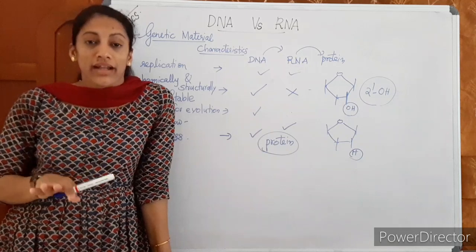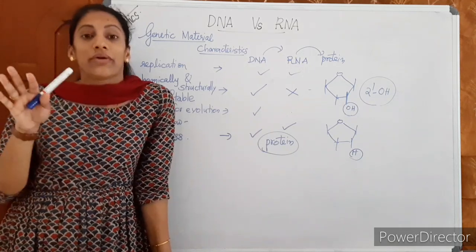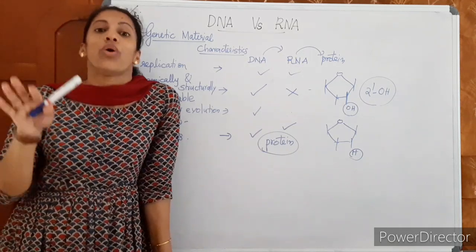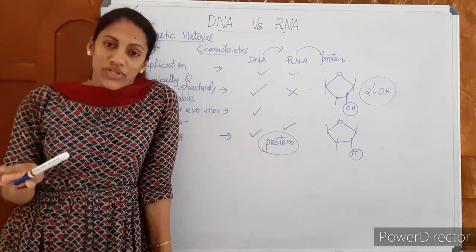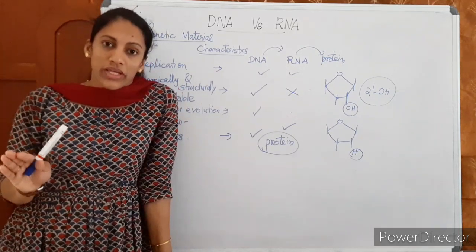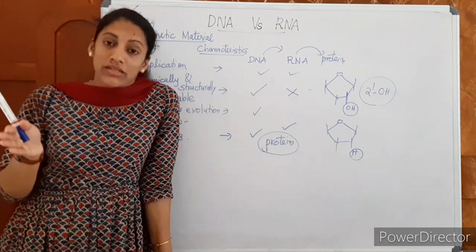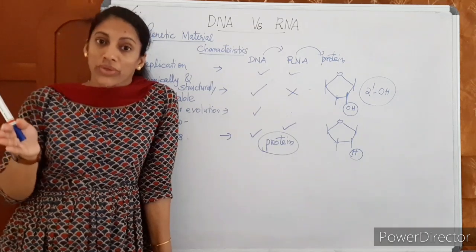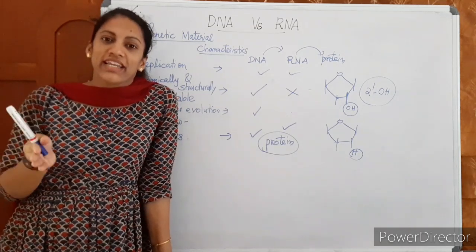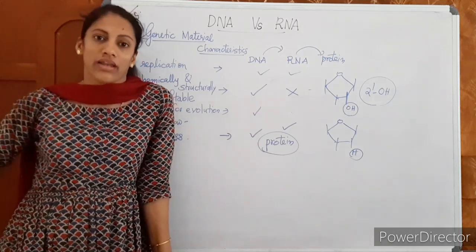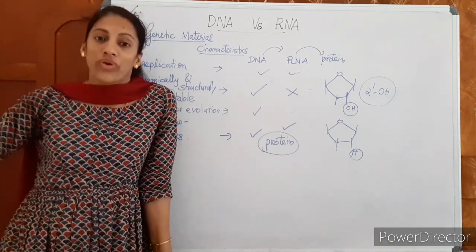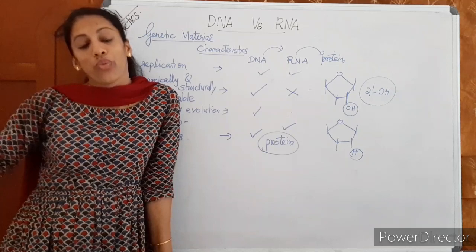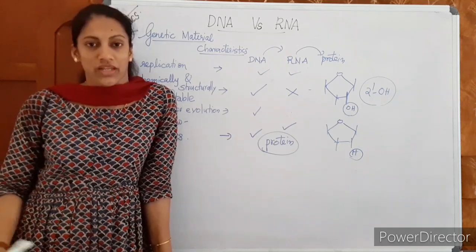It is said that the first formed life forms had RNA as the genetic material, and gradually, since RNA is an unstable, reactive molecule, DNA evolved around RNA, and life forms became those with DNA as the genetic material.